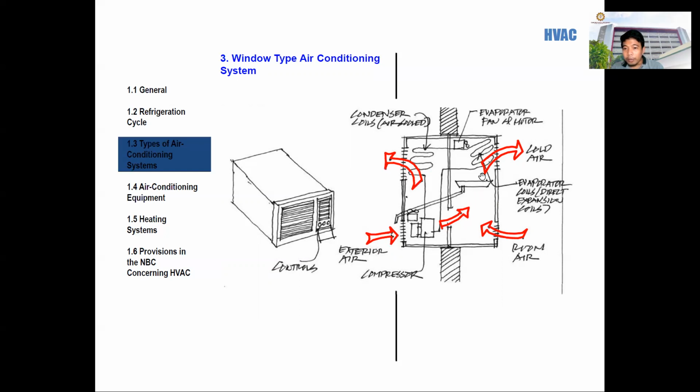You have here the cold air, evaporator coils, direct expansion coils, and then the condenser coils, air cooled. So this is the diagram of the window type air conditioning unit.